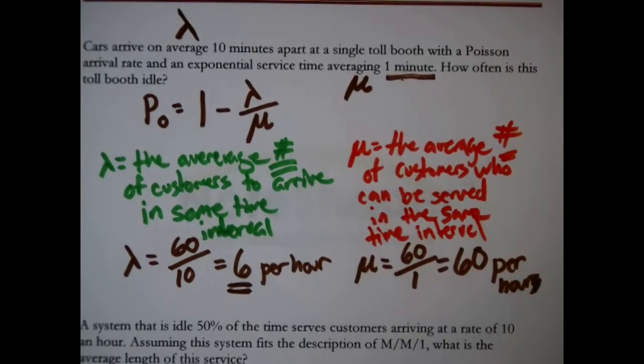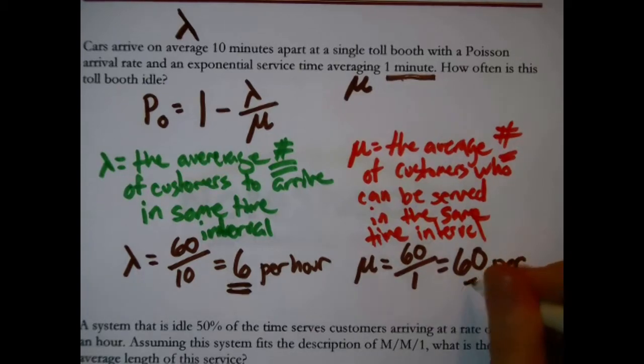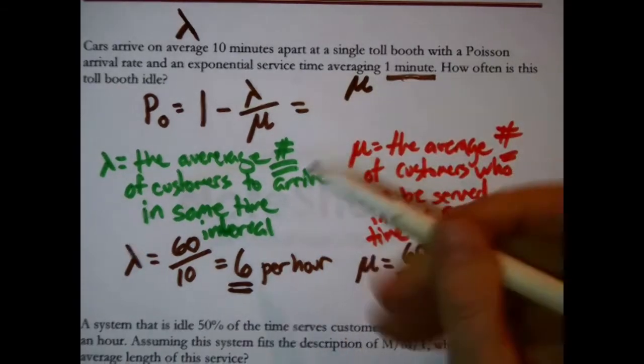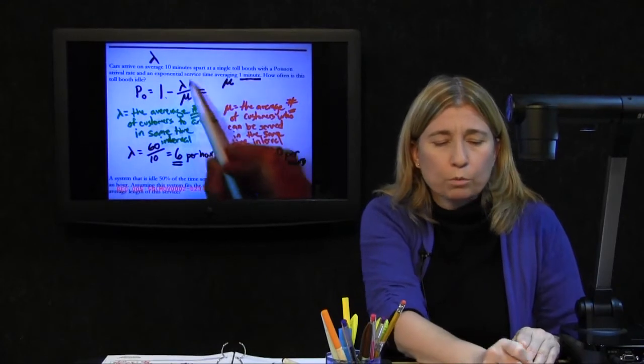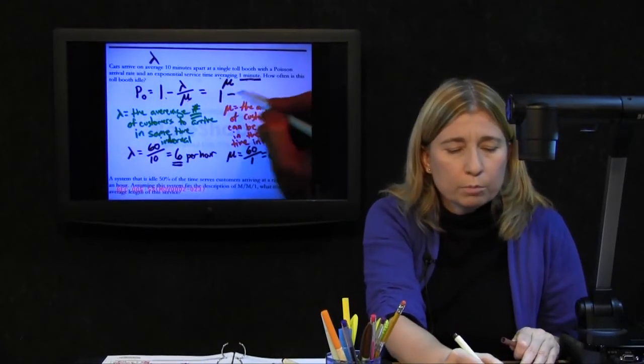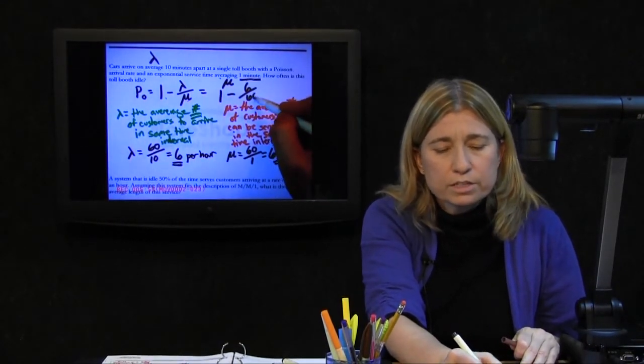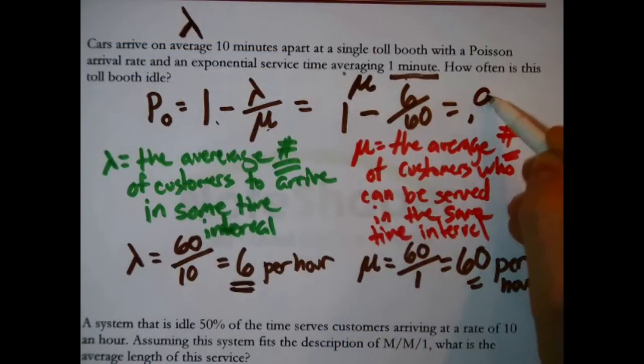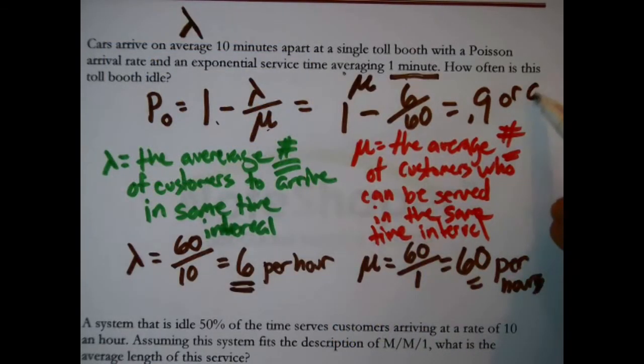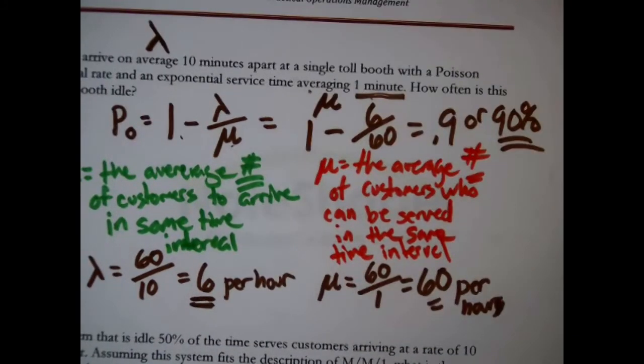Mu equals 60. These are the two numbers that we need for this formula. Not 1 minus 10 over 1, but 1 minus 6 over 60, 0.9. Or more conversationally, the answer is 0.9 or 90%.